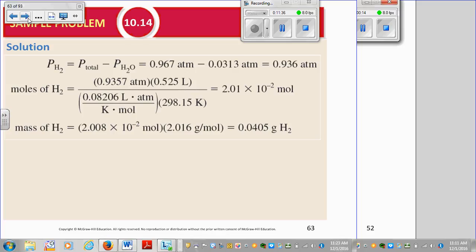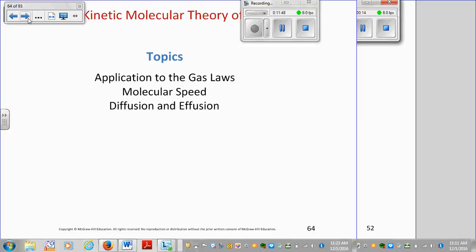So if you're producing a gas, you can calculate how much gas is going to be produced. Which may be interesting, at least from the safety factor, you want to know how the pressure might build up in a reaction.